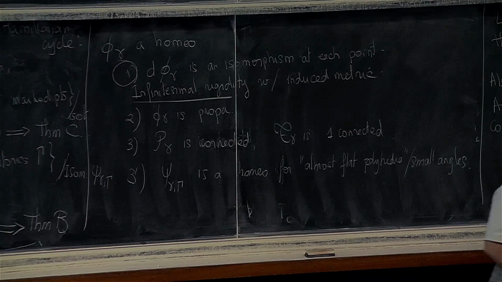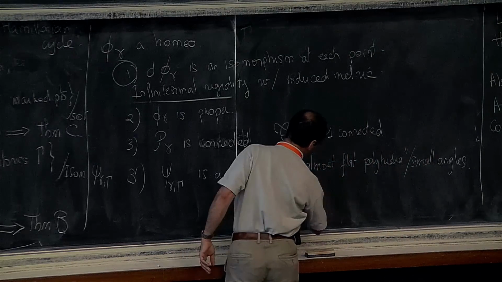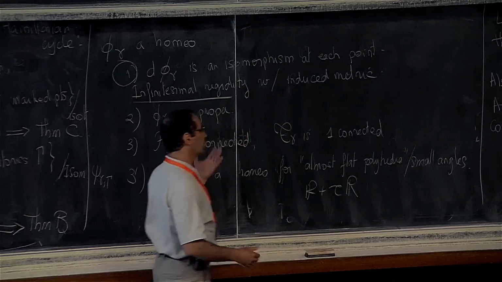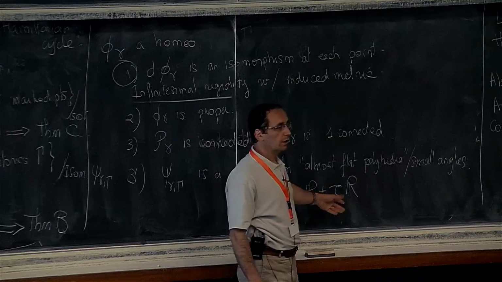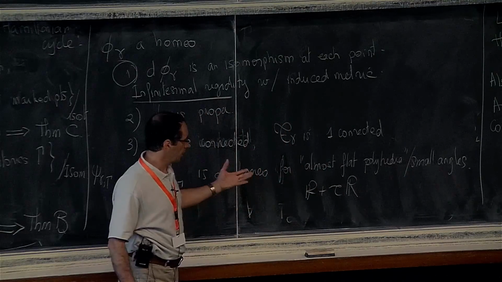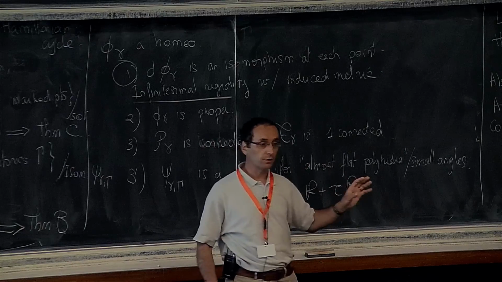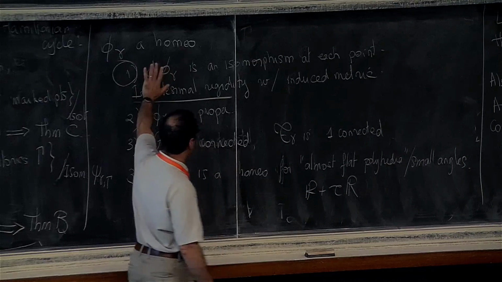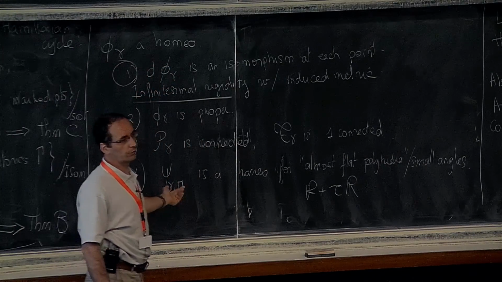But now those shape parameters will be in this space R plus tau R. And basically what you prove is that if you have some deformation that doesn't change the induced metric, and you multiply by tau in this space of edge shape parameters, you'll find a deformation that does not change the dihedral angles, and conversely. And this is how you go from the rigidity for theorem C to the rigidity for theorem B.